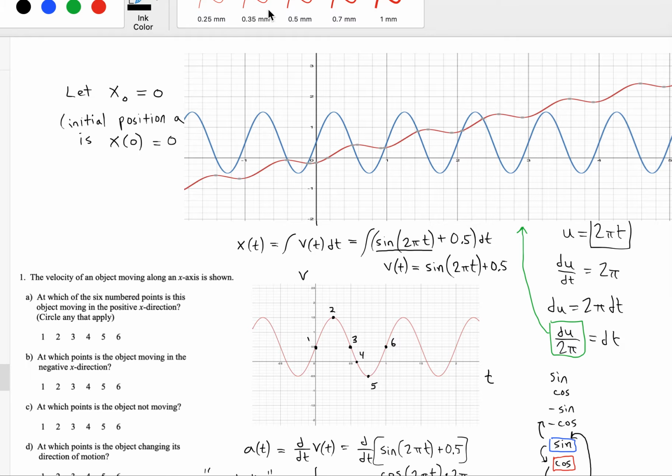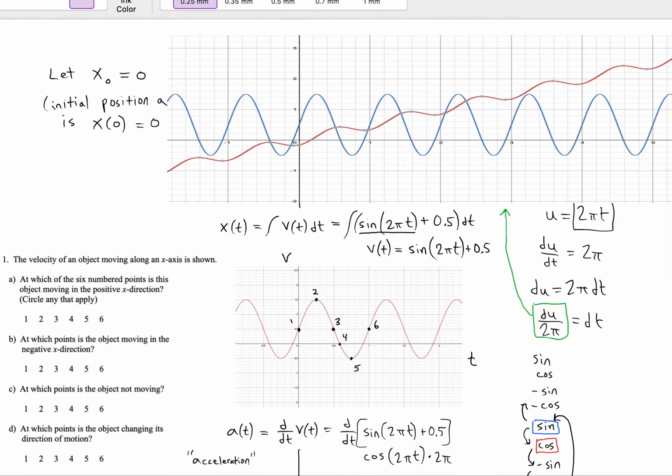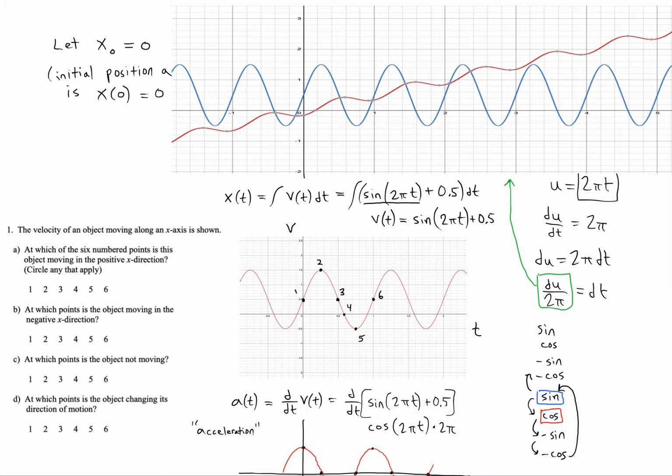All right, so at which of the 6 numbered points is this object moving in the positive x direction? So we're looking for times when the velocity is positive. If the velocity is positive, then it's moving forward. It's moving in the positive x direction. So which way is the positive x direction? That's this way.